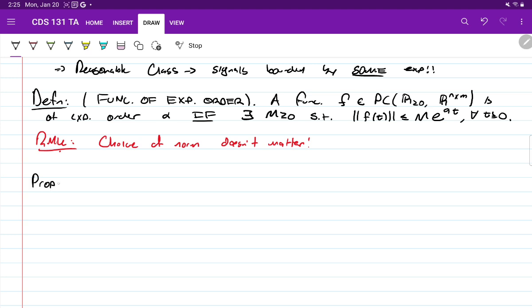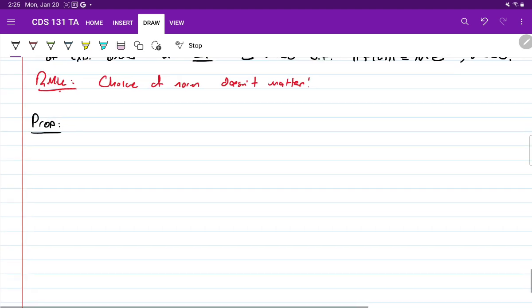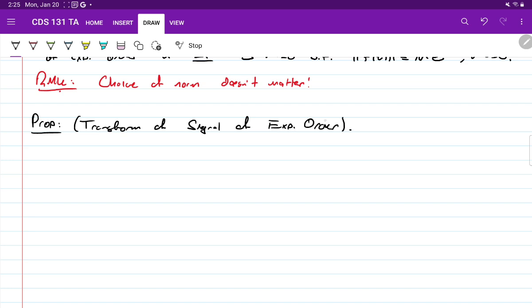So let me state a proposition, which is the transform of a signal of exponential order. Okay, so what I'll say is let f in PC, from r greater than or equal to 0 to R^(n by m), be of exponential order alpha.